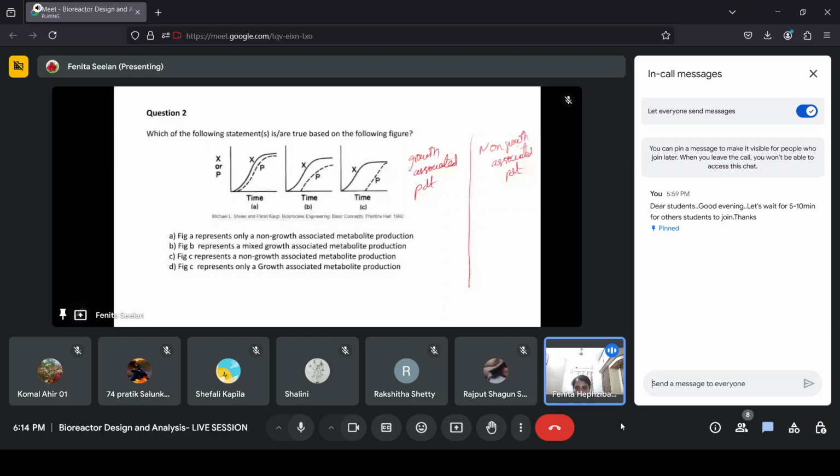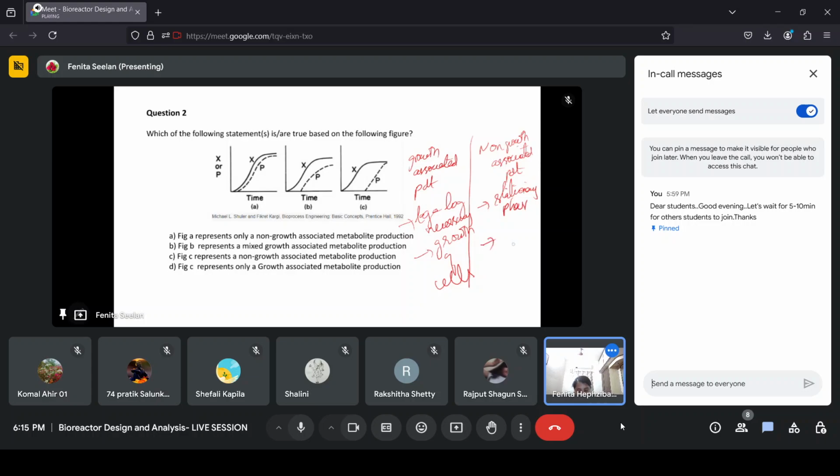So first, let me explain what a growth associated product is and what a non-growth associated product is. Growth associated products are produced during your lag phase, from lag phase to log phase, and are necessary for the growth of the cells. Non-growth associated products are generally produced during the stationary phase.